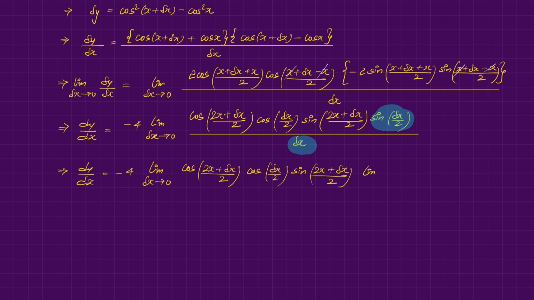So let me write limit delta x tends to 0 here and sine delta x by 2 over delta x. Now I'll divide and multiply by 2 here, and I will write this 2 here in front below 4. Okay, so we will have dy by dx equals minus 4 over 2.